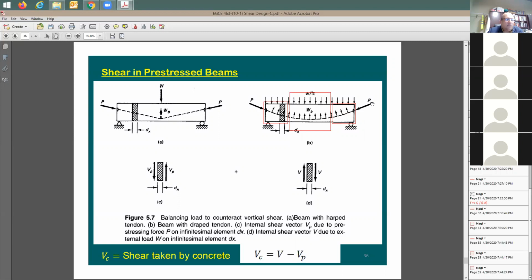Once you start to put this pre-stress, you're pushing with a load of W. And this Wb, the balanced load, is going to be subtracted off this W. So the effective shear demand is going to get reduced, which means the shear that you want the beam to resist is going to be equal to V, the demand coming from the shear diagram, subtracting Vp, which means the shear force, or vector, as it says here, coming from the pre-stress. If this makes sense to you.